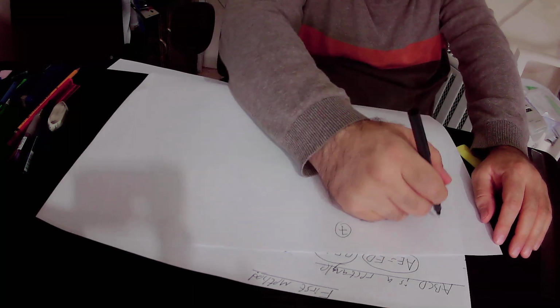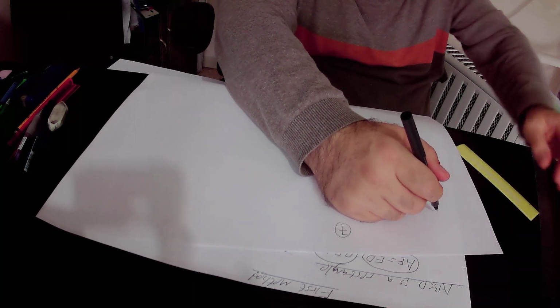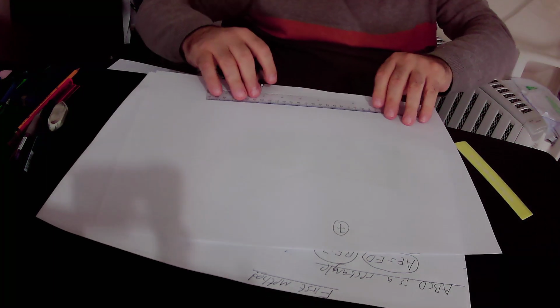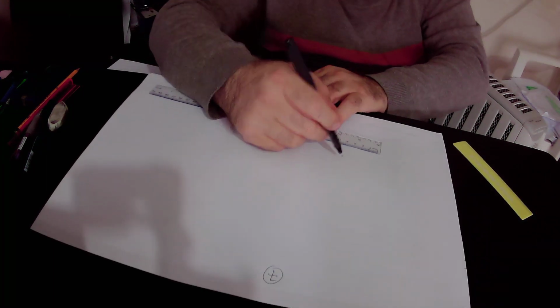Actually we know that triangle ABC is an isosceles triangle, so I will draw it.